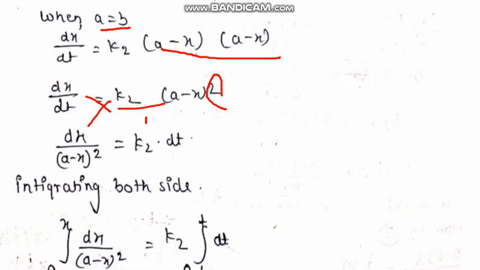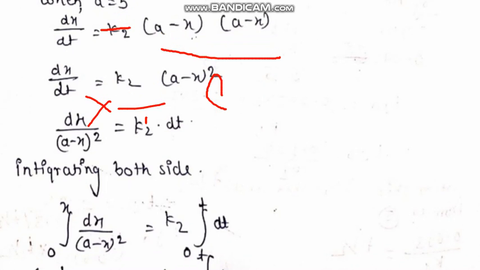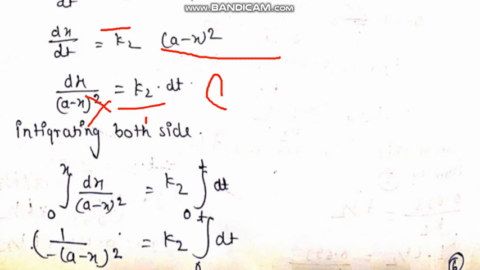Then this equation is integrated on both sides with respect to concentration and time. Concentration is taken initially 0, and after some time it is taken x. Similarly, time is taken initially 0, and after some point it is taken t. By integrating we achieve 1 upon (a minus x) is equal to K2 integrated with respect to time from 0 to t.